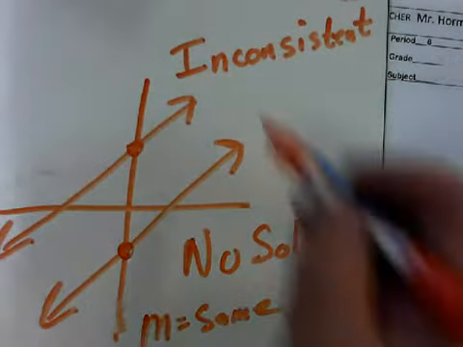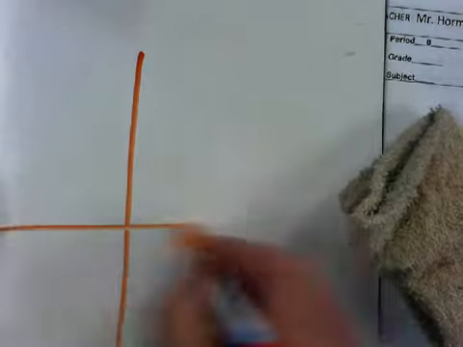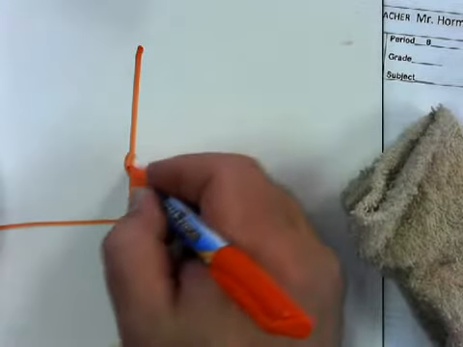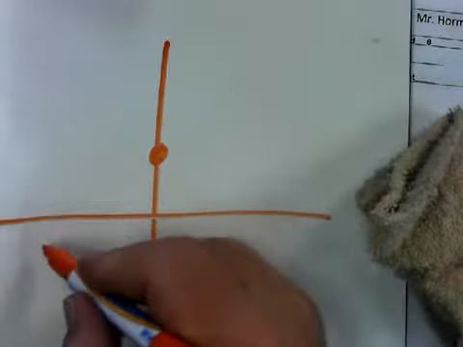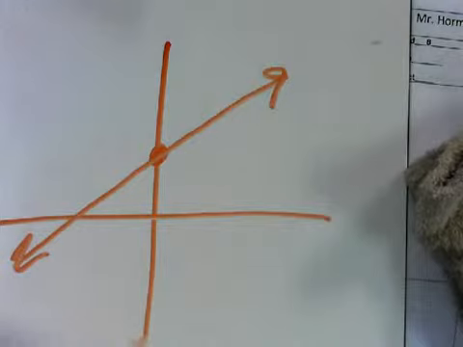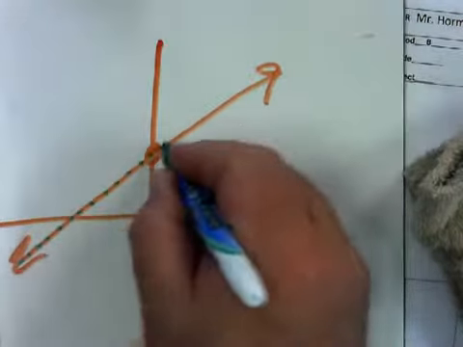But another thing happens if they have the same slope and the same y-intercept. Doesn't it mean that I'd have a line like this, and the second one would actually be right on top of it?